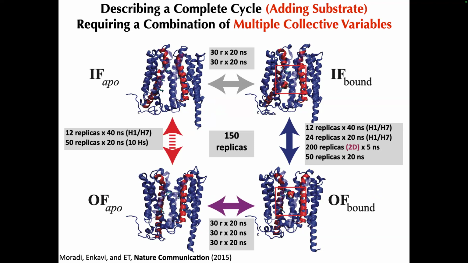The substrate is bound here, so we have to describe it using a different set of collective variables. We describe the transition between the allowed path and disallowed path using the helical orientations, and the binding event on top is described similarly. By doing that, we could show why this path without the substrate is not allowed, and why this path with the substrate is allowed.